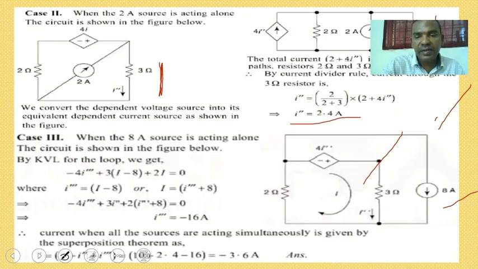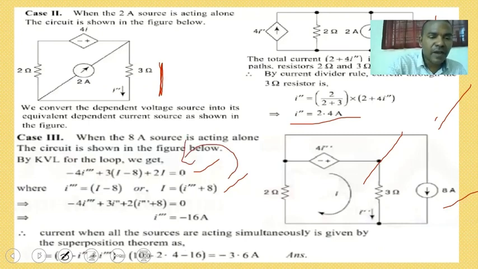What is that current value? I minus 8 amperes. So I minus 8 amperes plus 2 times of I is equal to 0. And what is the I triple dash value? I minus 8 only. Or I is equal to I triple dash plus 8.